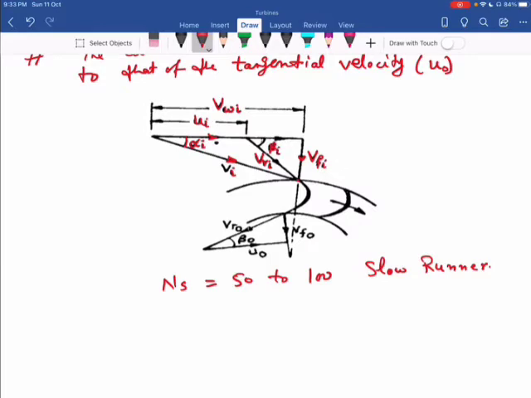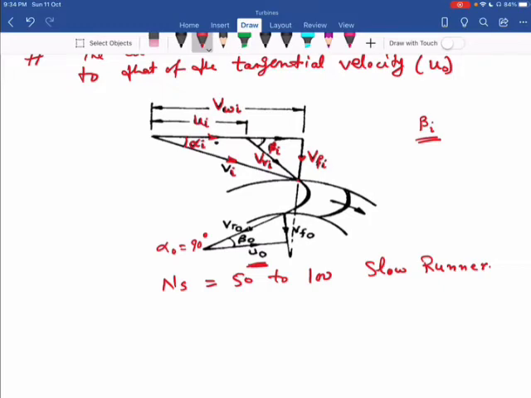So, depending upon the angle beta I, we have different shapes of velocity triangle at the inlet. In this diagram, beta I is less than 90 degrees. At the outlet you can see we have the velocity triangle with angle alpha O equal to 90 degrees.